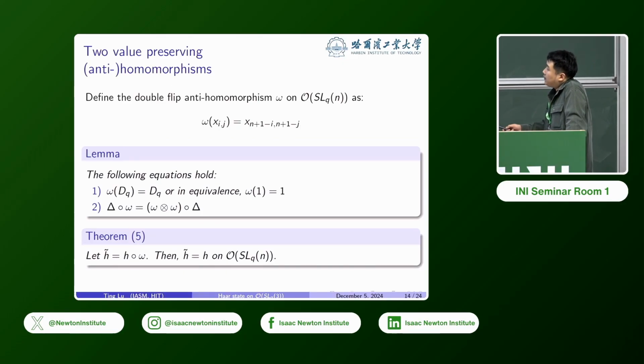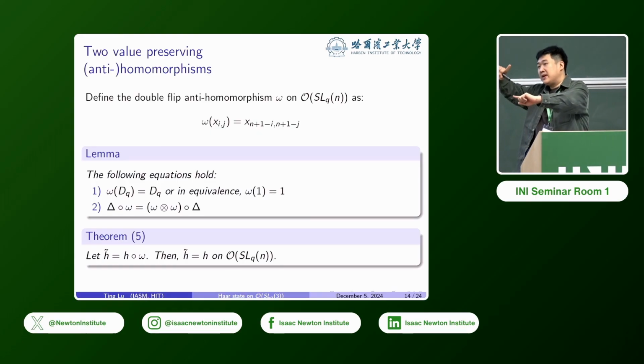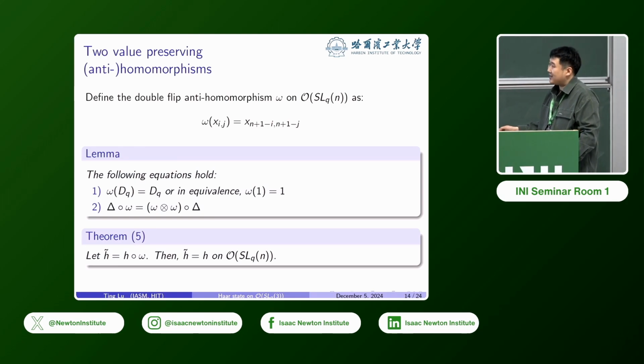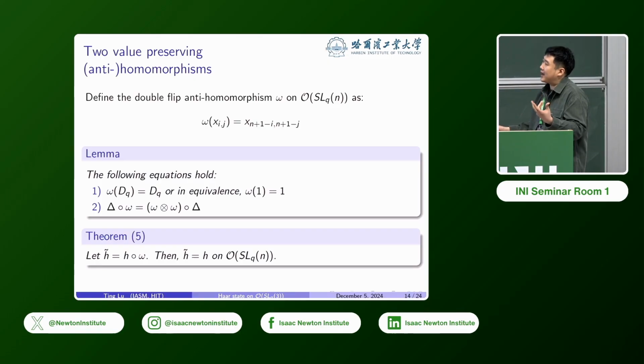Similarly, you can define the double flip anti-homomorphism. I call it double flip because it's like you flip the generator matrix along the diagonal, then along the reverse diagonal. You can show it acts quite like the antipode, so it preserves the Haar state as well.